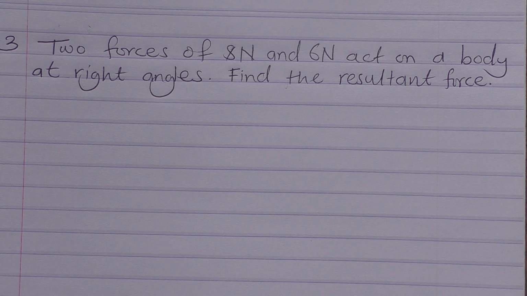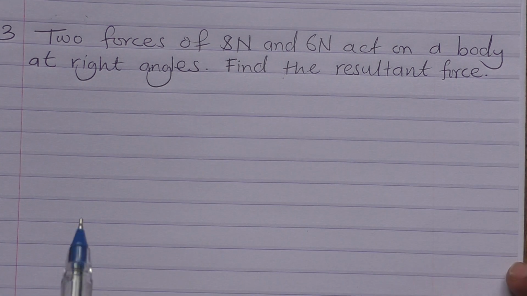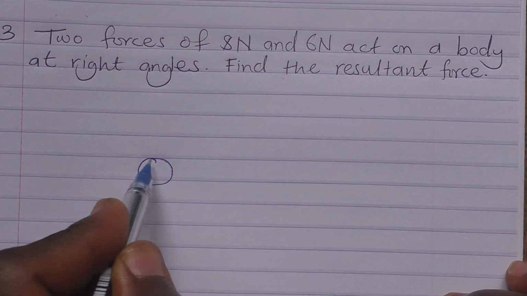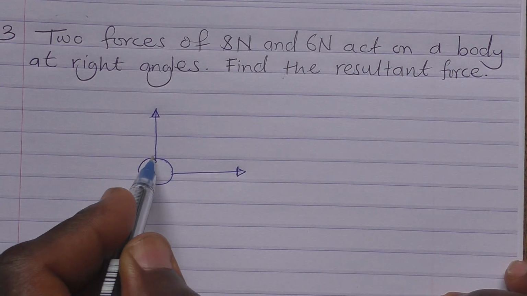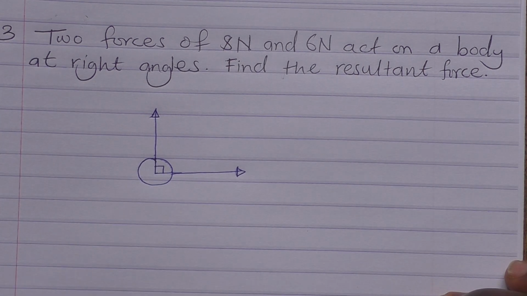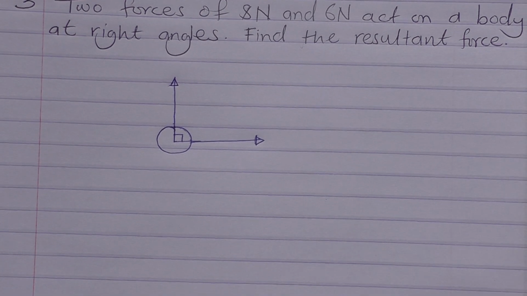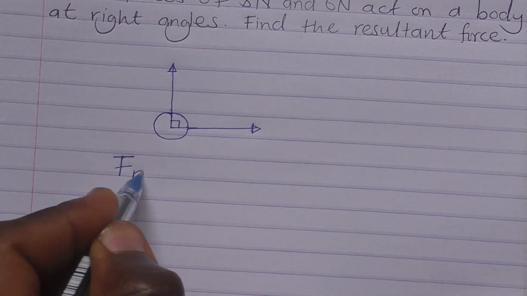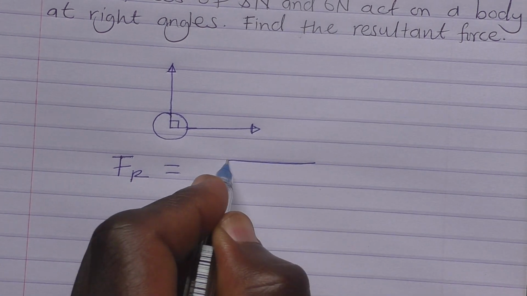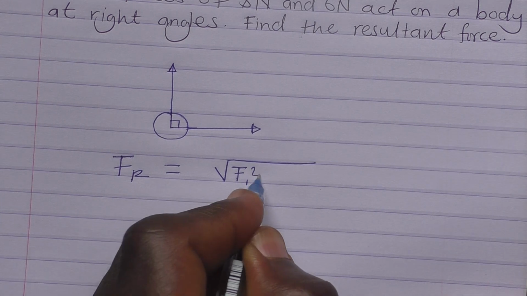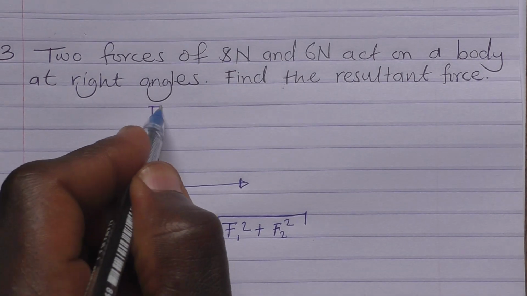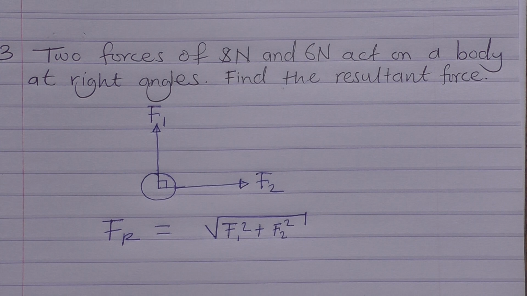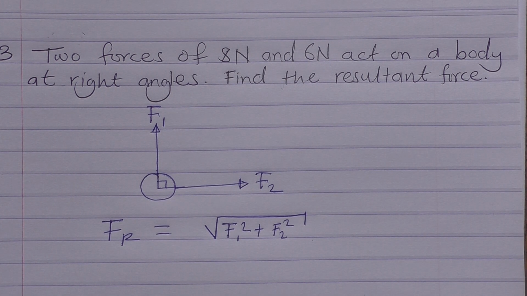Don't forget that our third case in lesson 1 showed us that when we have two forces acting on the same body at right angles, the resultant will be given from the formula: resultant force equals the square root of force 1 squared plus force 2 squared, assuming this one is force 1 and this is force 2. That is how we shall get the resultant force.